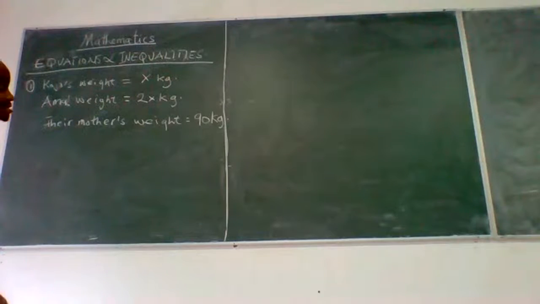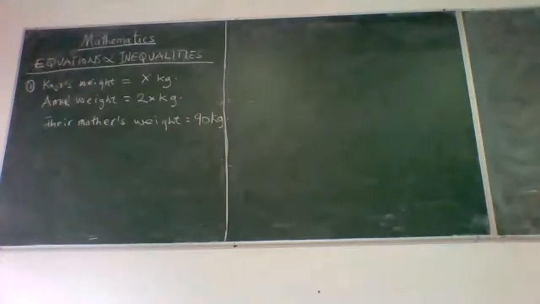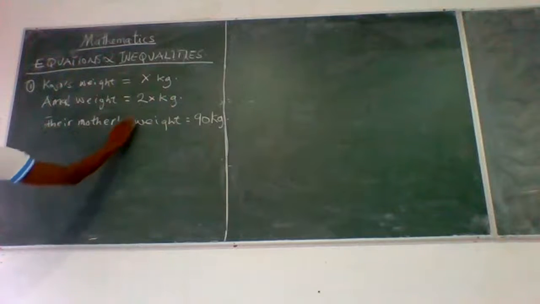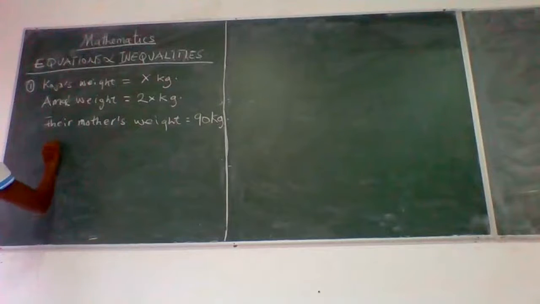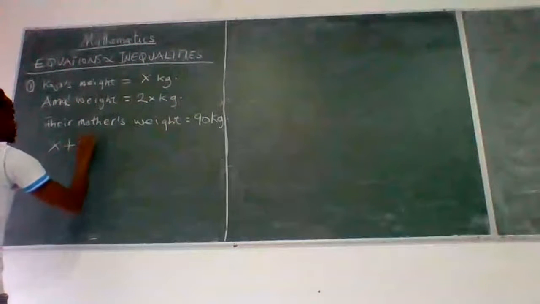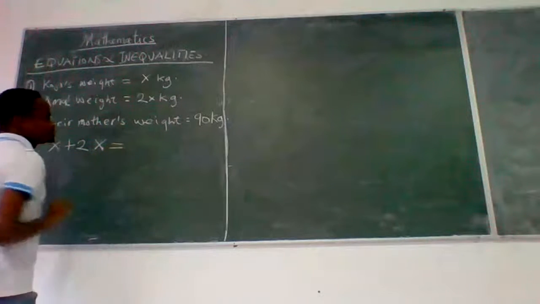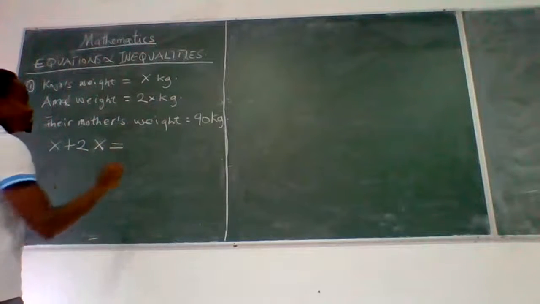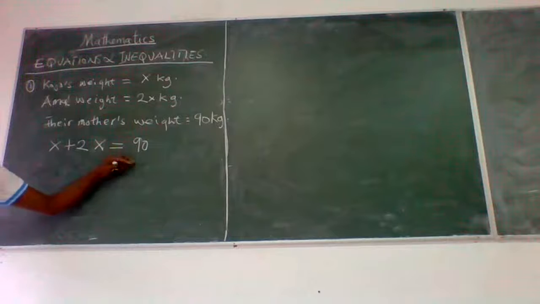How are we going to express this as an equation and find the weights? We write the weight of Kwedo, x kg, plus that of Amma, which is 2x, equal to the mother's weight, which is 90.